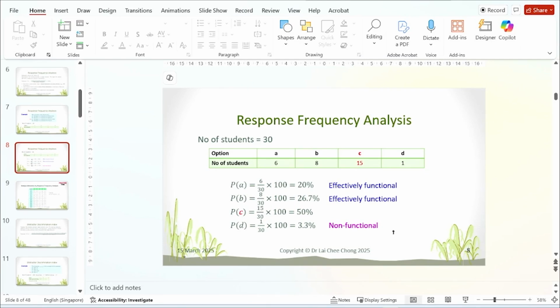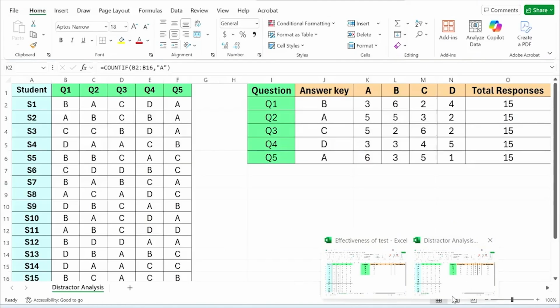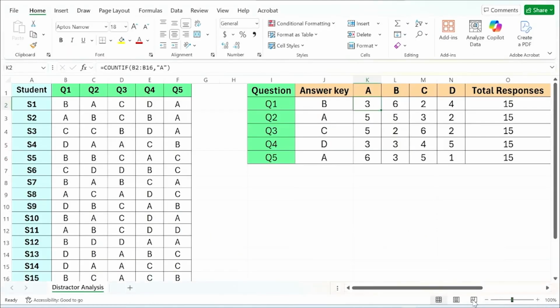So once you have that, let me get back to my spreadsheet. Okay, so the next one, well, P of A is what? No, P of B is correct.